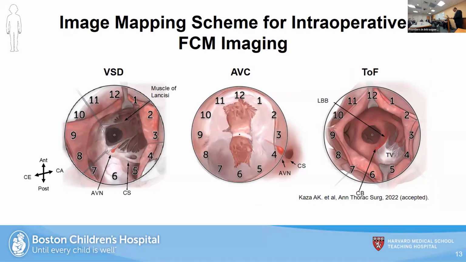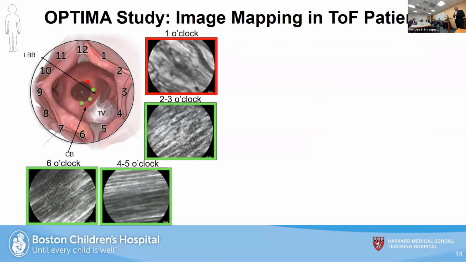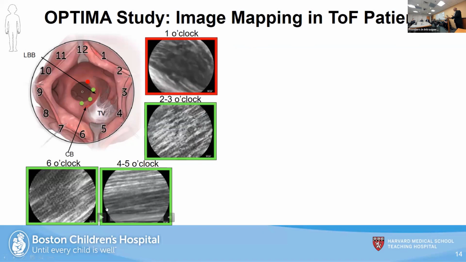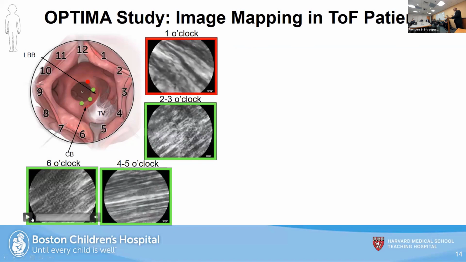Let me go into some of the cases that we have done and show you how we have implemented this. Here I'm showing an image mapping in a tetralogy of Fallot case where imaging was performed at 1 o'clock, between 2 and 3 o'clock, 4, 5 o'clock, and 6 o'clock regions.